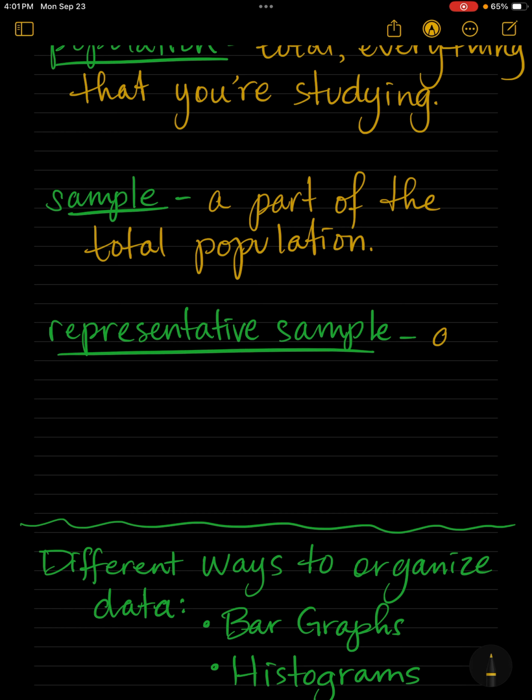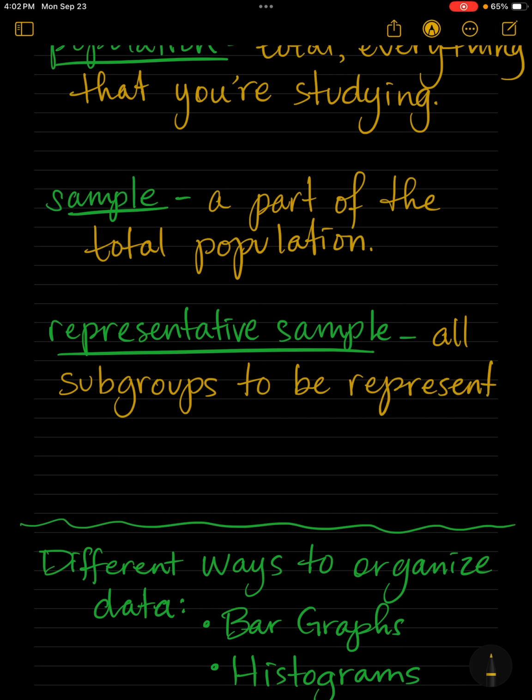So we would want all subgroups to be represented proportionately. And proportionate is the key.